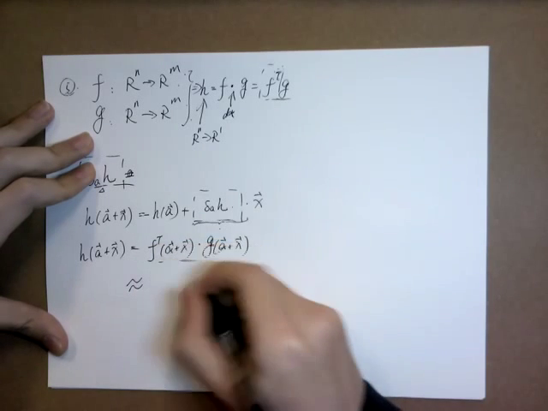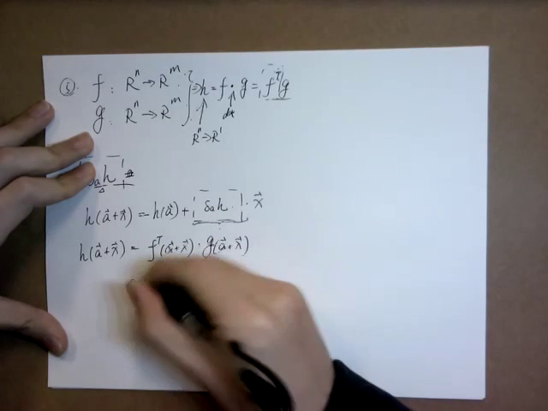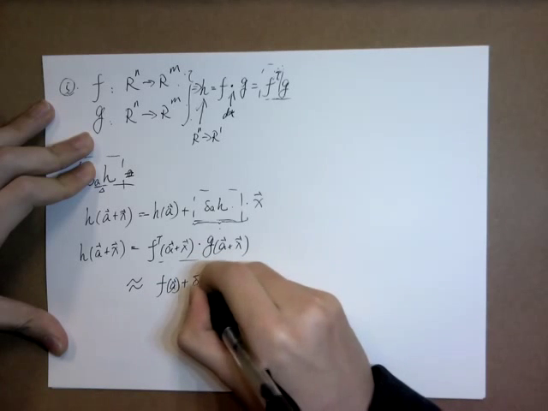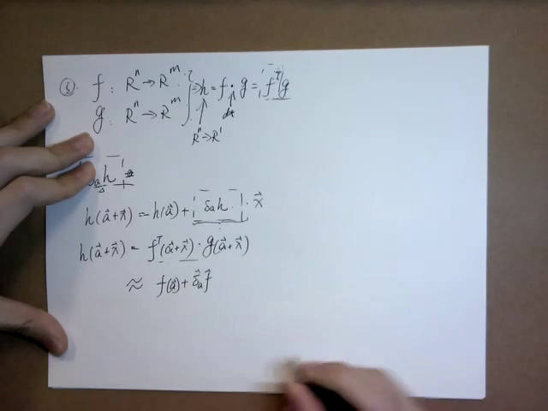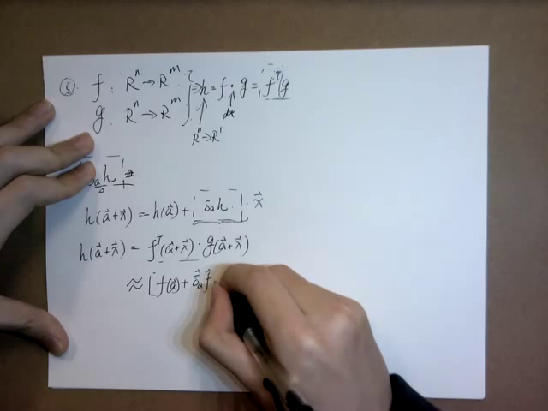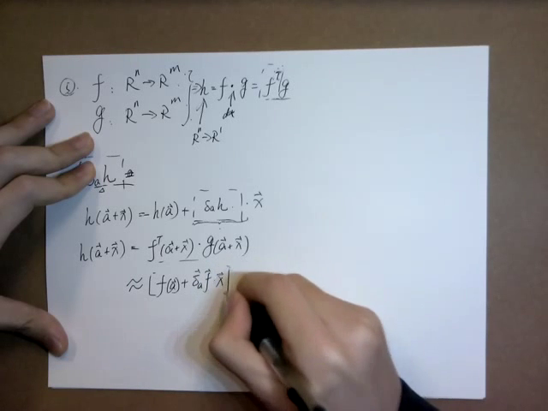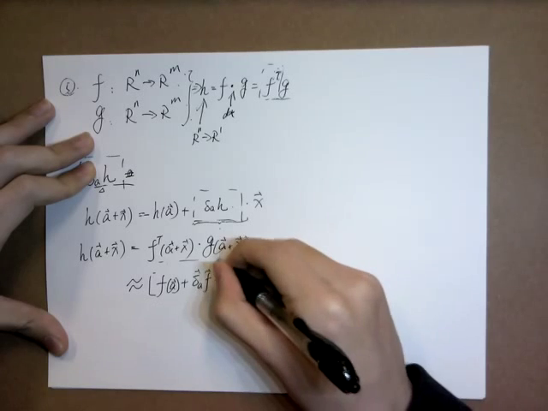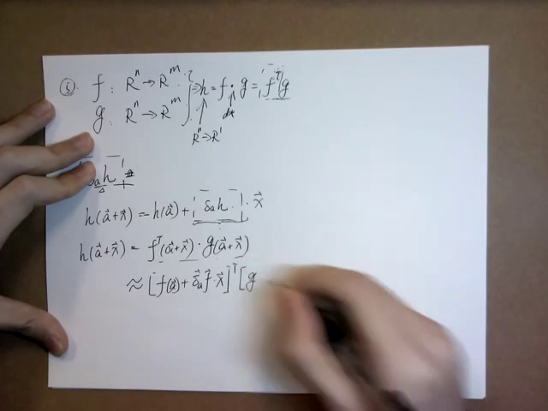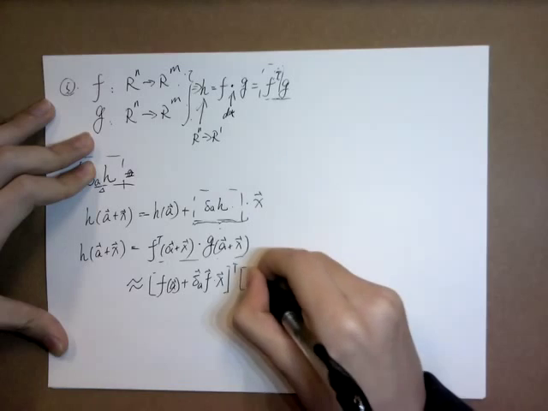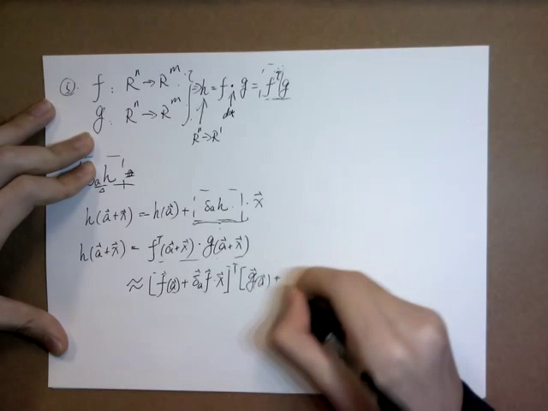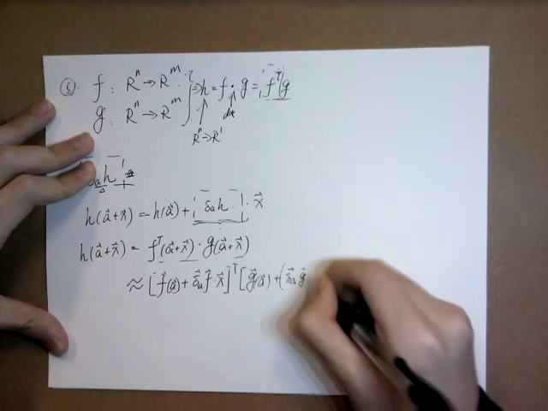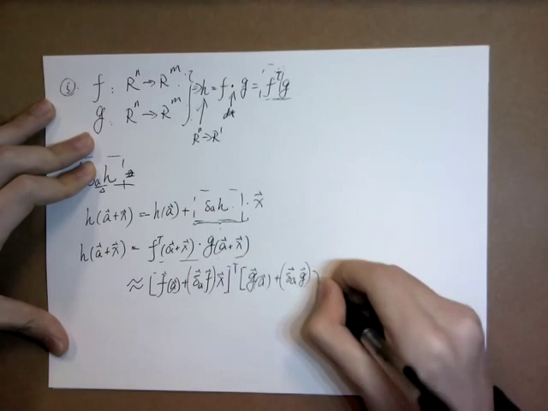So f of a plus x can be seen as f of a plus the Jacobian matrix of f near a multiplied by x, transposed. And I can do the same for function g. It will be g of a plus the Jacobian matrix of g multiplied by x.